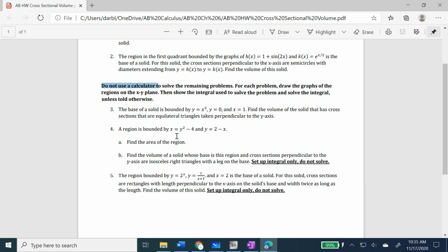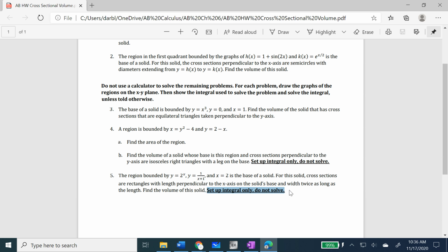And I present this to you with the understanding that when you take that AP test, it is probably going to not be from home. Now, I want to point out to you that I want you to solve by hand the integrals that you get for 3 and 4a. But for 4b and number 5, you're going to only do setting up the integral and stop.